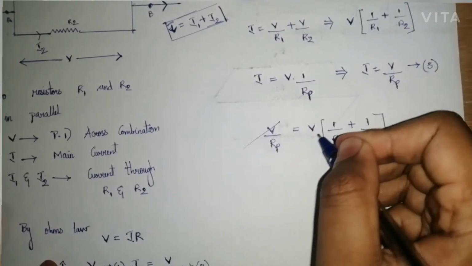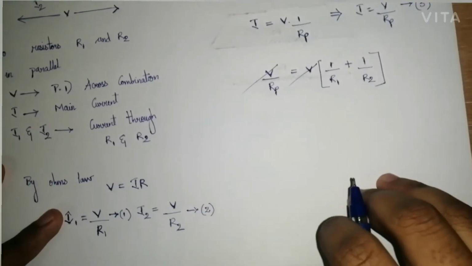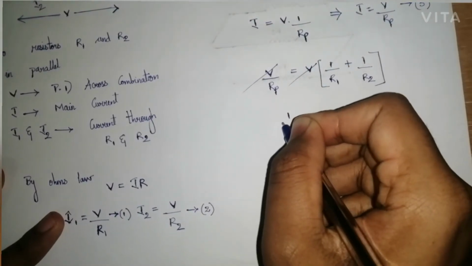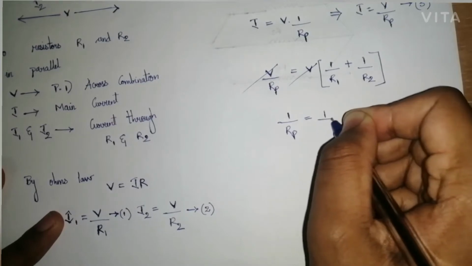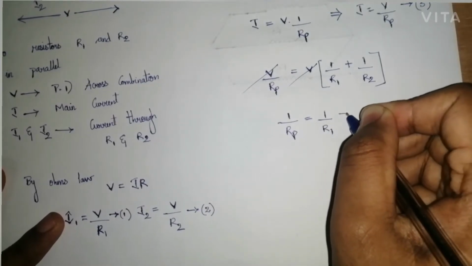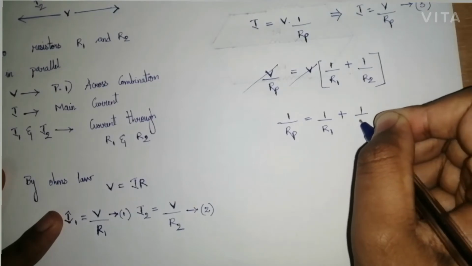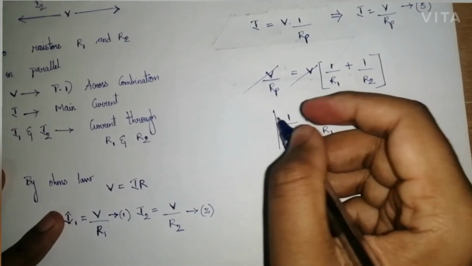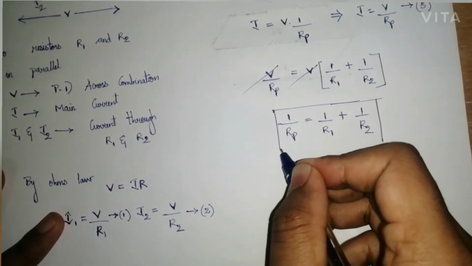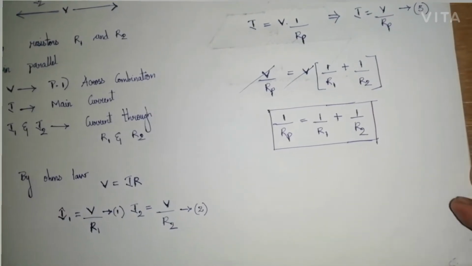So this V and this V just cancel out. So 1 over Rp gives you 1 over R1 plus 1 over R2. This is the derivation which I had to teach you.